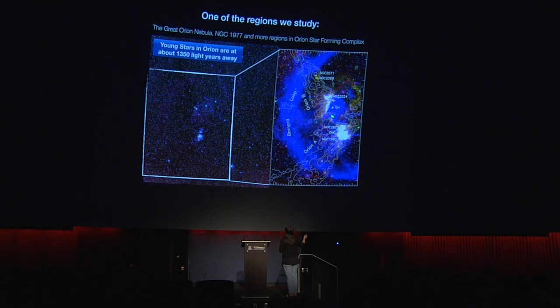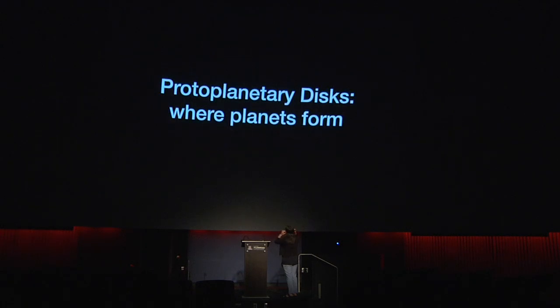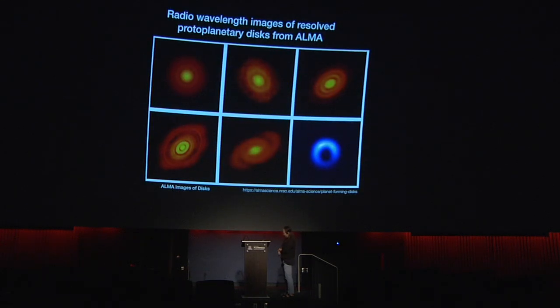This is the region that I'm going to work on, called the Barnard's Loop, and this is an image using infrared and optical all together. So let's move on. Protoplanetary disks. You have seen some simulations and images from the previous talk, and they look like this.